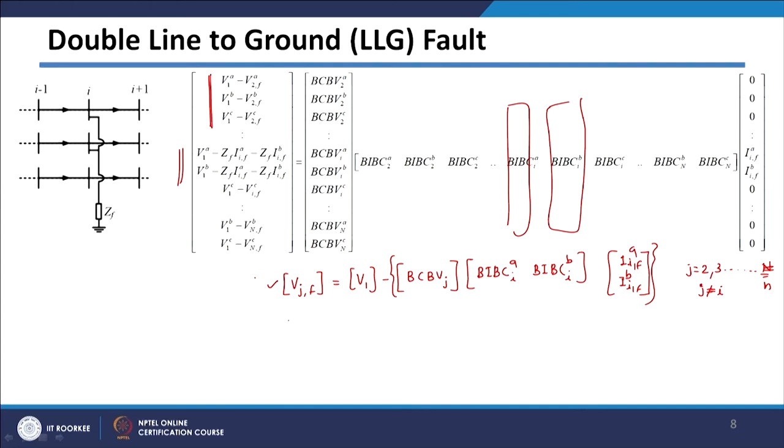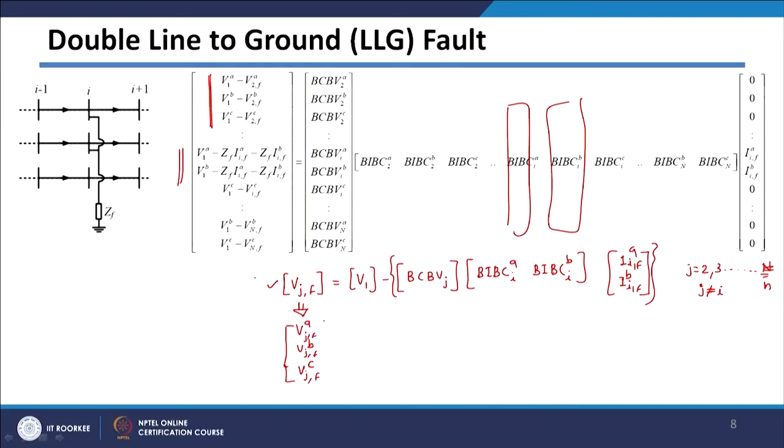So basically, if you expand, it will be Vja, Vjb, Vjc post fault.